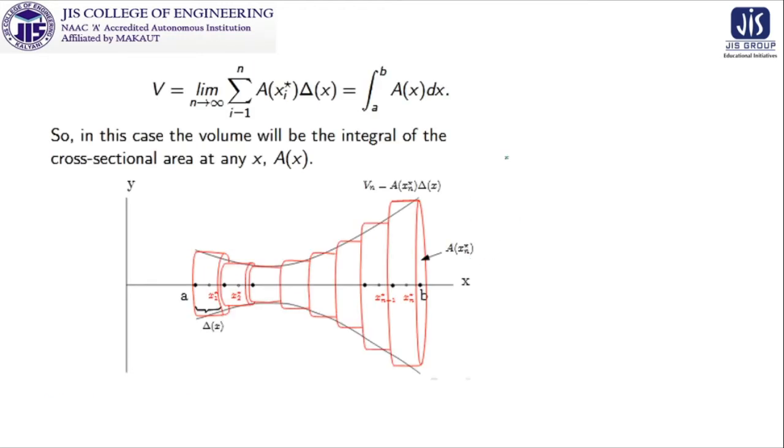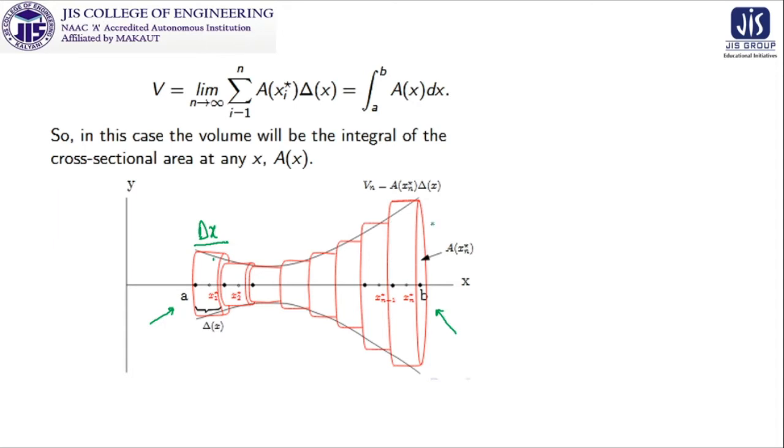So this is the diagram we have converted from the last picture. This is del x, this is our starting point x equal to a, this is our finishing point x equal to b, and this is the area.